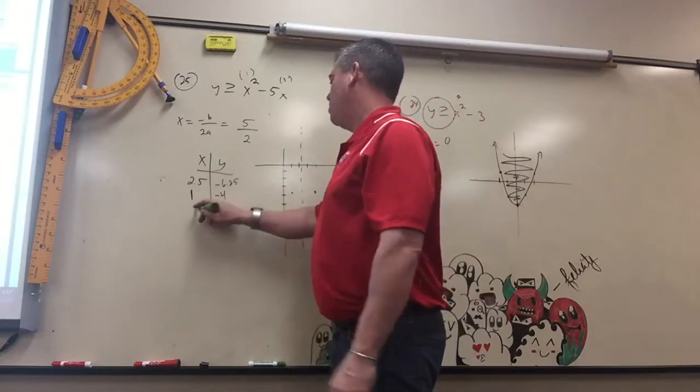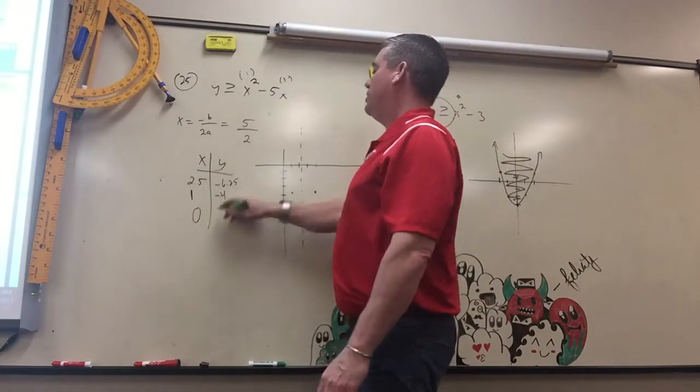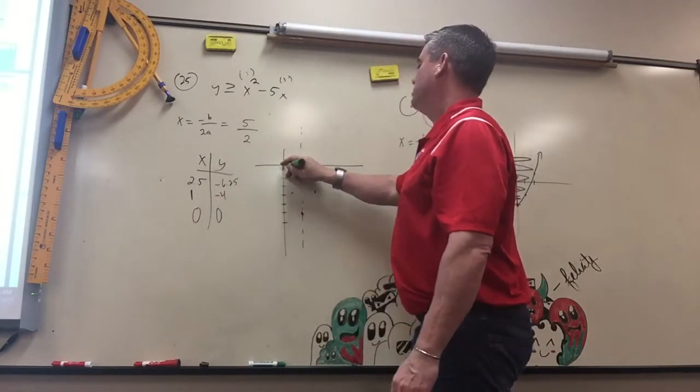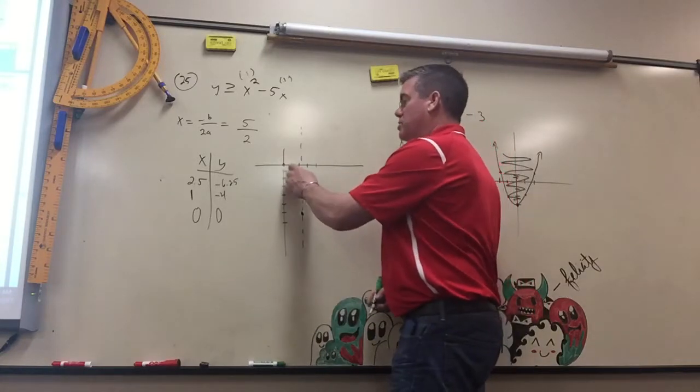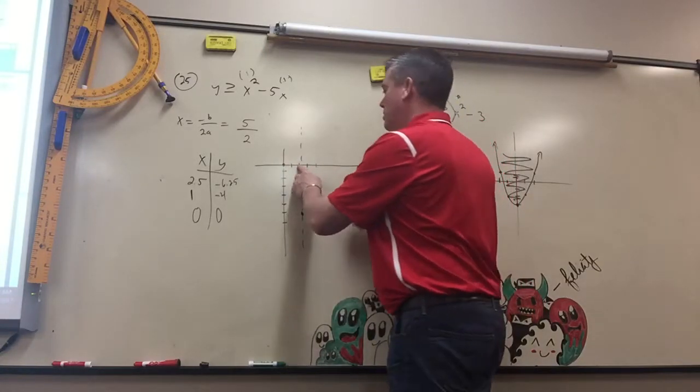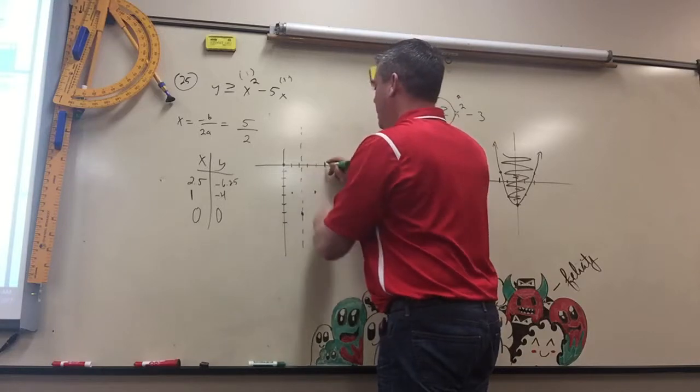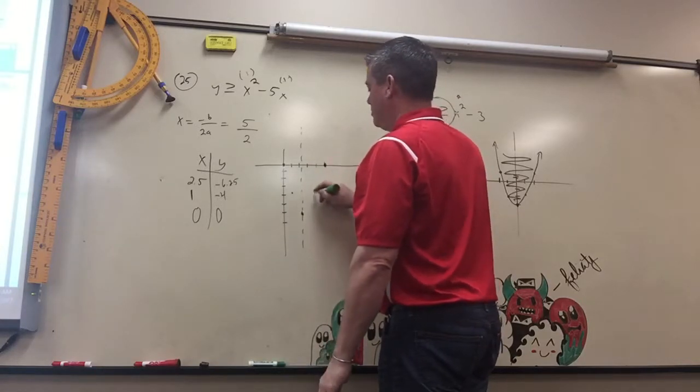And then 0. If you put 0 in, you get 0. So 0 is 2.5 away. So you go 2.5 to the other side is right there.